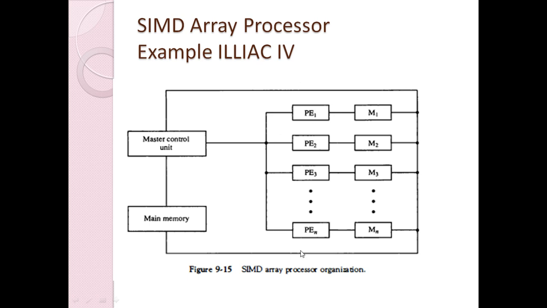And if there are 100 processing units, I can distribute 10 to each. So each of the processing units will perform the single operation on multiple different data and will store their results in their local memory, which will be later on combined to get the final result. So this is how SIMD array processor is organized.